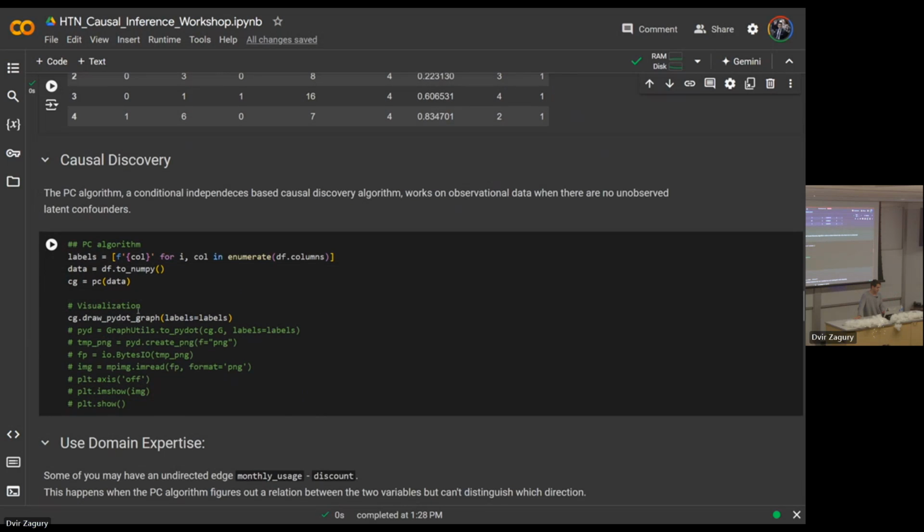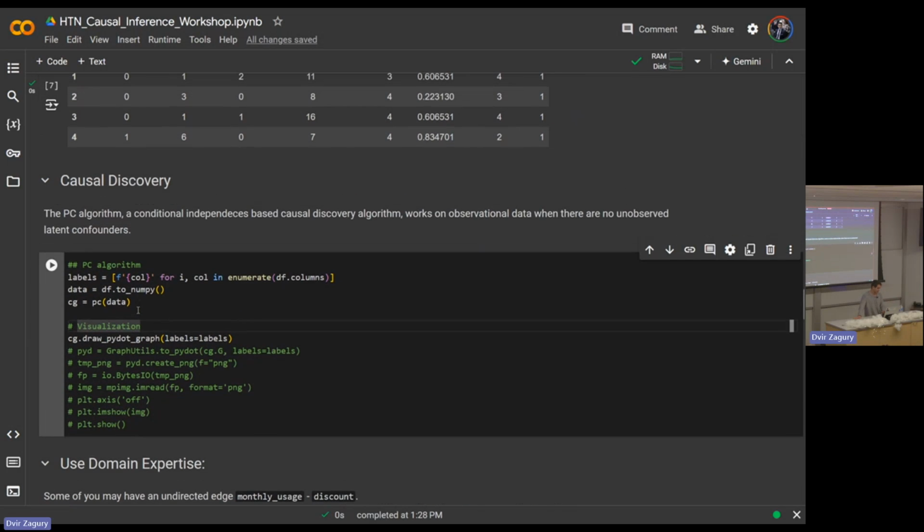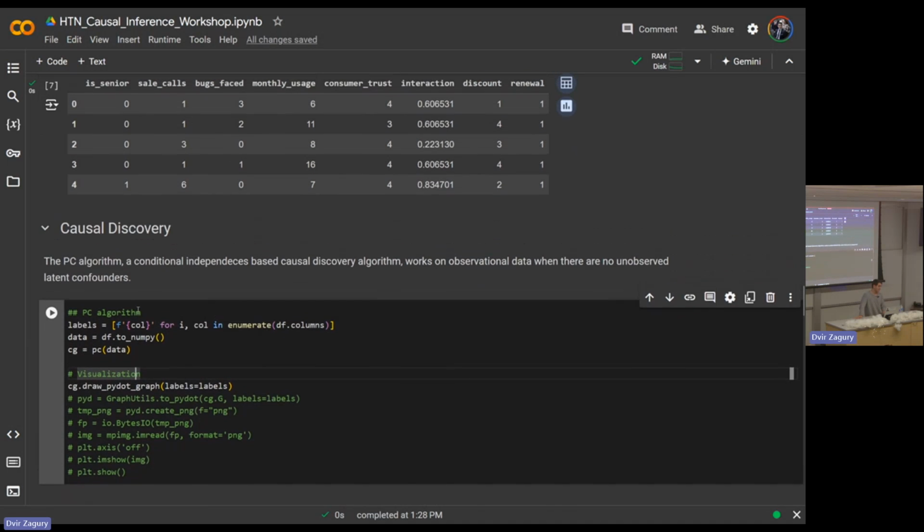Now, we're going to do this algorithm, but I'm first going to warn you that the PC algorithm doesn't always give you one DAG or one causal structure. It can give you a class of causal structures, and that's this algorithm specifically. After that, you can use other algorithms to narrow it down.